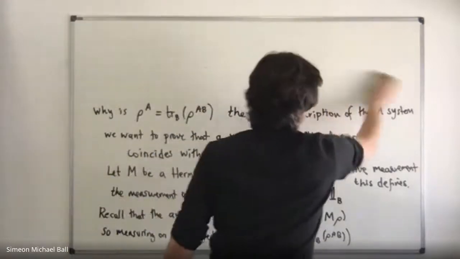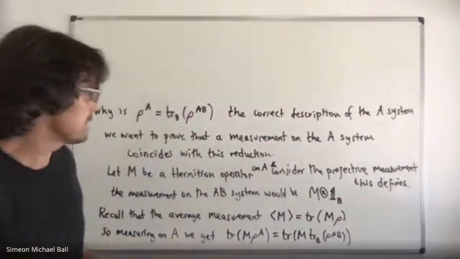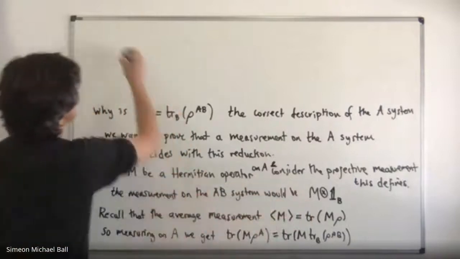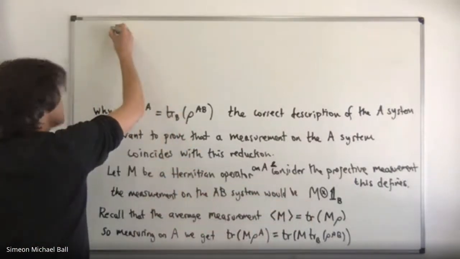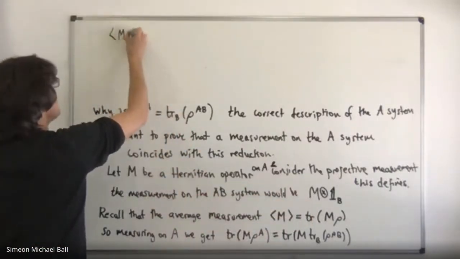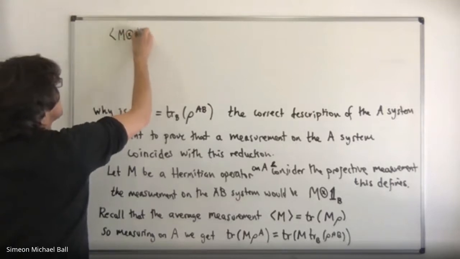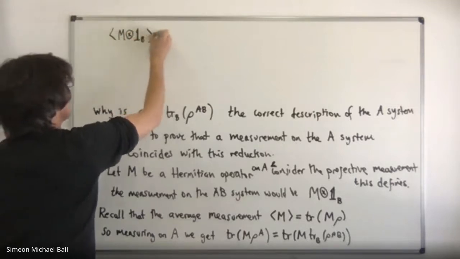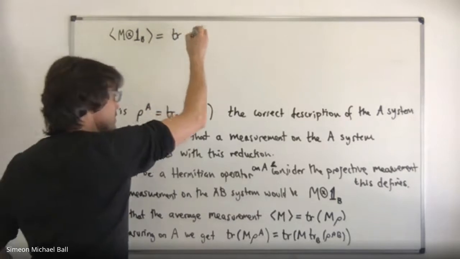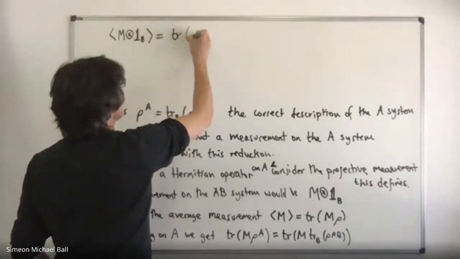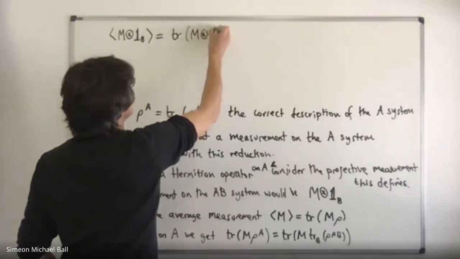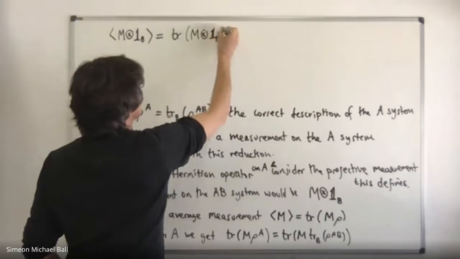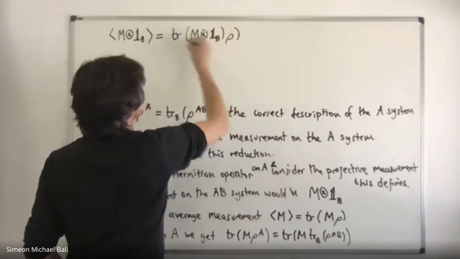I'm going to calculate the average measurement of this thing. So the average of M should be the trace over the whole system of M tensor identity times rho.